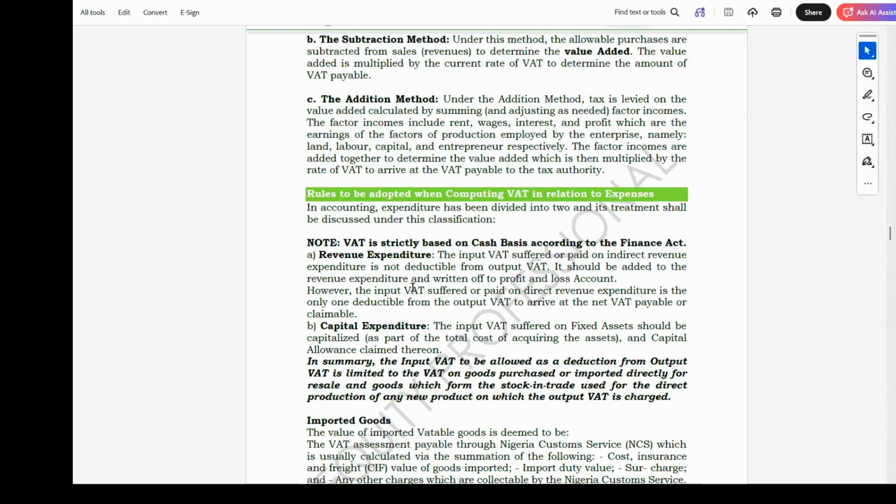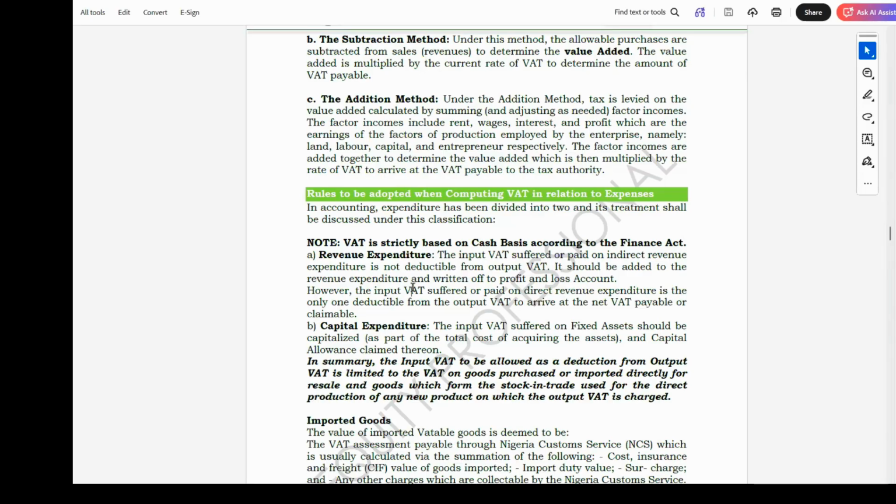VAT on indirect revenue expenditure will not form part of our input VAT. VAT on indirect revenue expenditure will be added as part of the cost of the expenditure that will be taken to profit or loss, which will be allowed as an allowable expense.